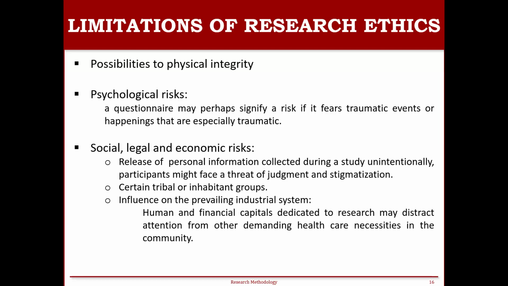So there are some potential diversions of resources from other companies or other systems, due to having some focus on specific research projects, so we have to deal with some industrial systems. So there are some limitations, although we are trying to practice the research ethics. So researchers themselves must always balance the benefits of their work with the potential risk as well, right?